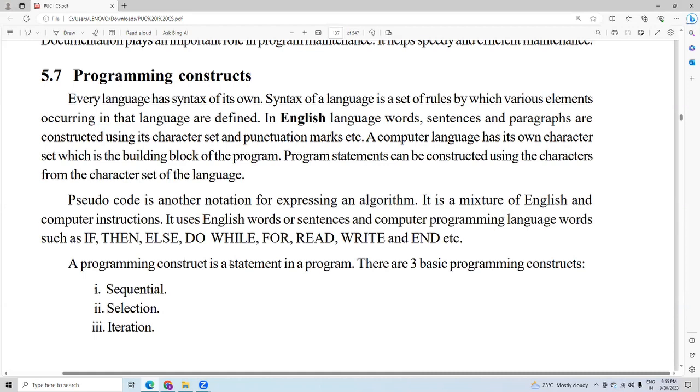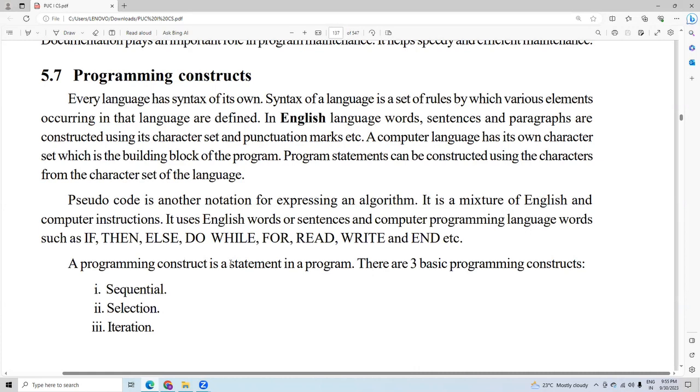So pseudocode is another notation for expressing an algorithm. It is a mixture of English and computer instructions. Right. See, in the algorithm, you had seen that they wrote input A, comma B, comma C. Right? They wrote print. They wrote if.